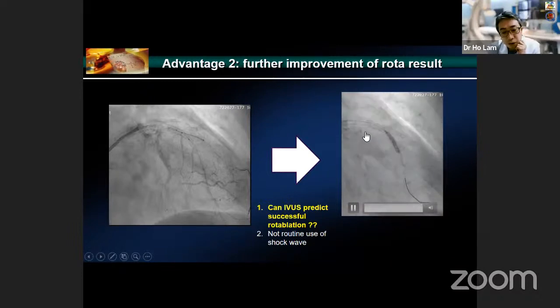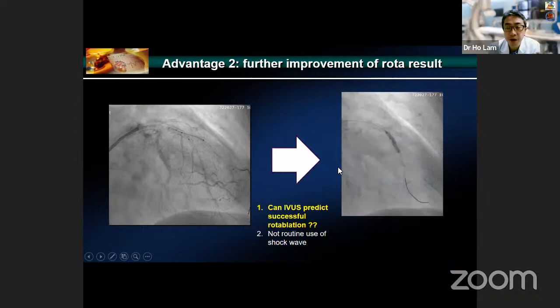So about using wire and shockwave, we know that further use of the shockwave may improve the outcome of the wire. However, I will not recommend routine use of shockwave after the wire. The reason is, first, it's expensive. The second is you will have some improvement, but not always.